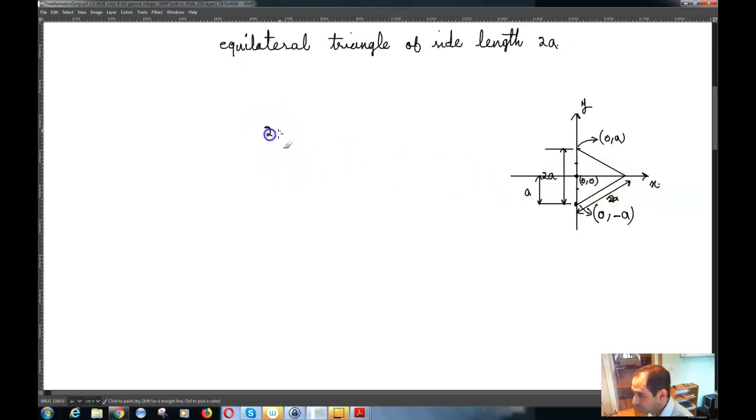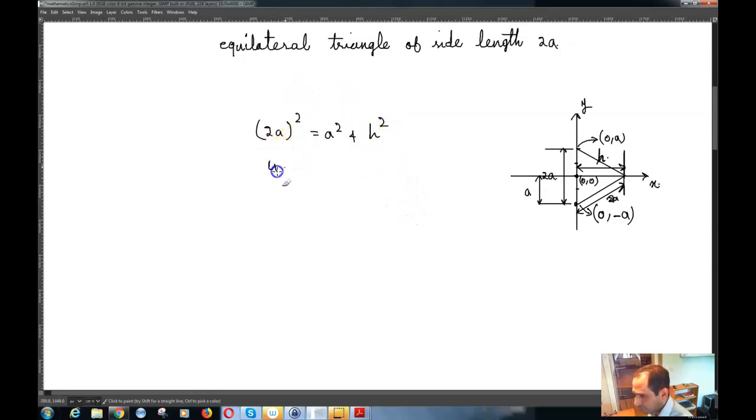meaning that I can write 2a whole squared is equal to a squared plus, for example, if I take this length over here, let's say that I take it as h, that's equal to h squared.